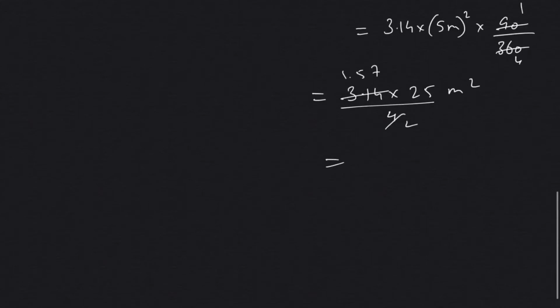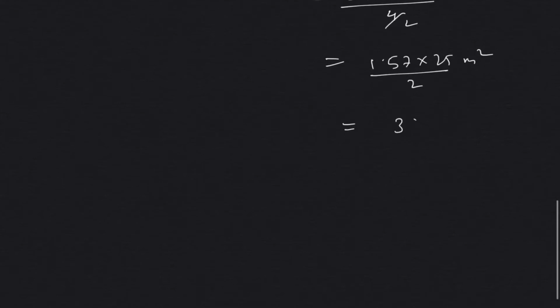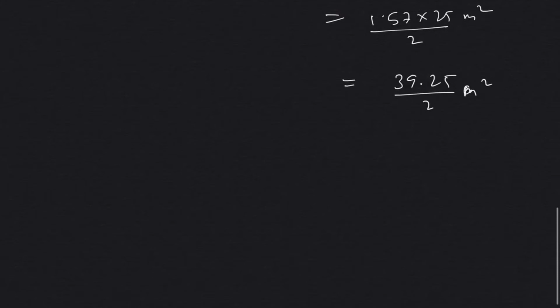We can divide this by 2, 1.57. So that is 1.57 into 25 meter square divided by 2. I will not multiply here. I believe that you will be able to do the multiplications. Rather, I will just do the division.